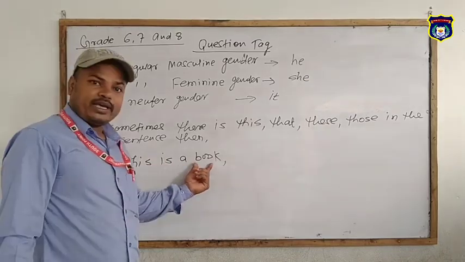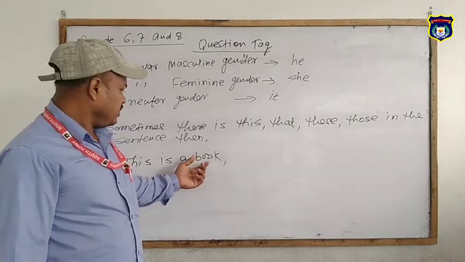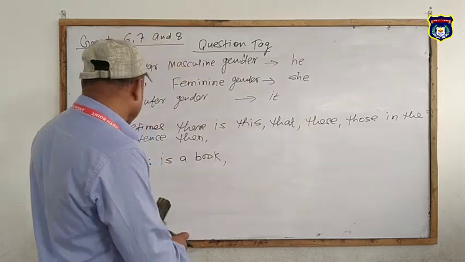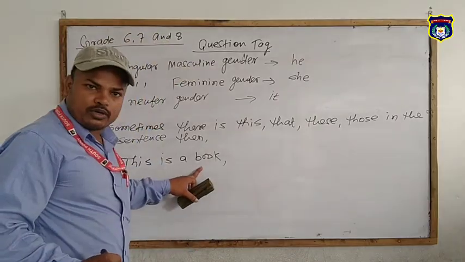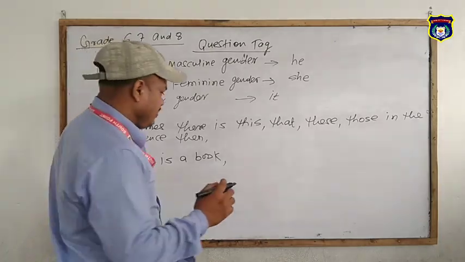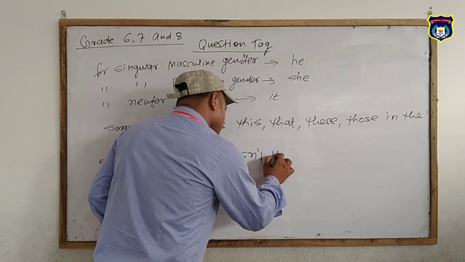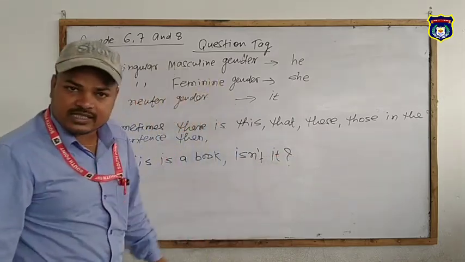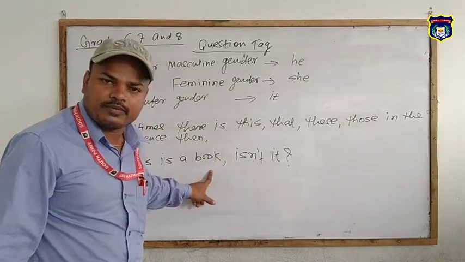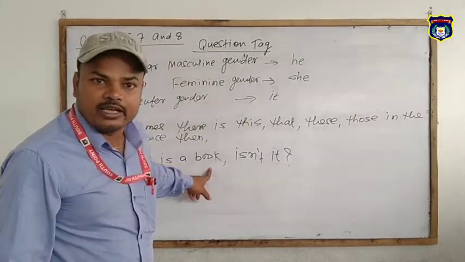Book is a neuter gender, a thing, and this denotes the book, the thing. So, isn't it? Not isn't this, because this denotes the book, and a book is an object, a thing.